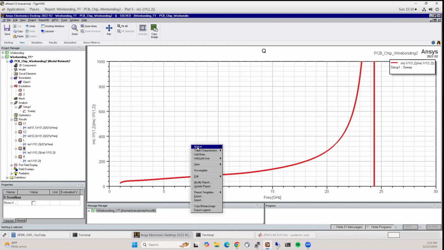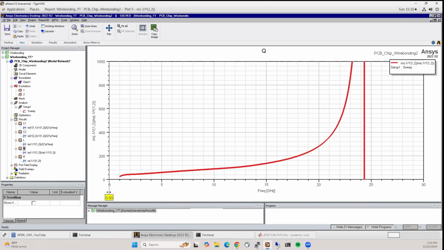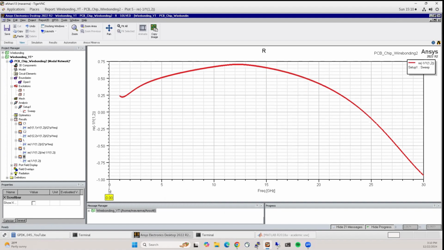Okay, and now we see that it's somewhat more realistic, right? And this model is not really valid beyond, I would say, this point where the resistance starts to drop again. So you can also kind of see the validity of the model in this plot, right? So it's around maybe 12 gigahertz or so.